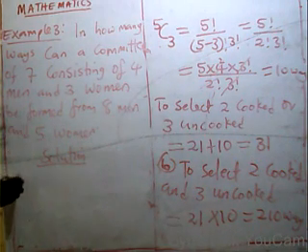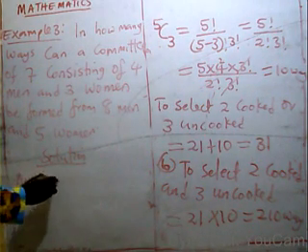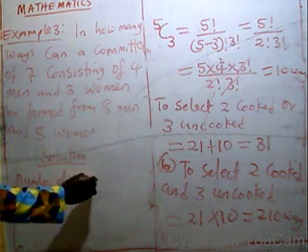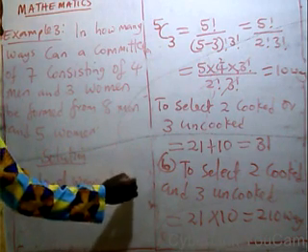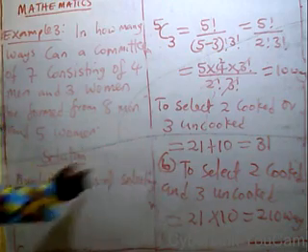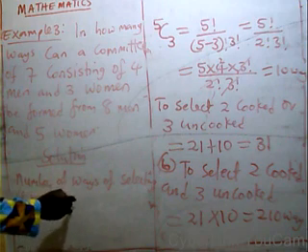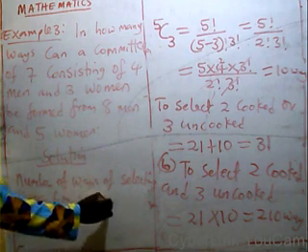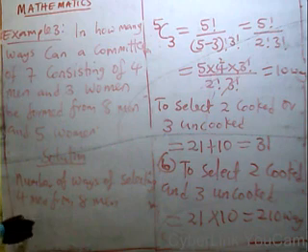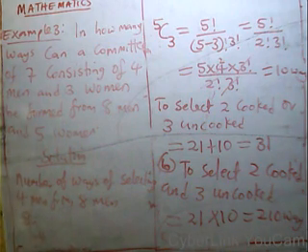So I will say the number of ways of selecting 4 men from 8 men. Of course, is 8 combination 4.